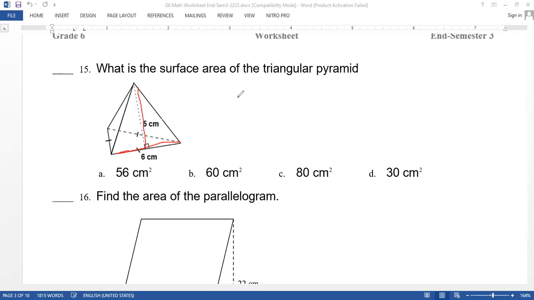So 5 times 6 divide 2 equals 15. This is the area of one triangle, but I have 4 congruent triangles, so I multiply 15 by 4 equals 60. So the answer is 60 centimeter squared.